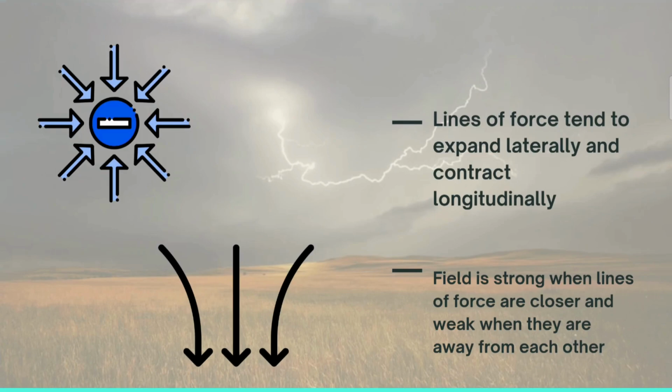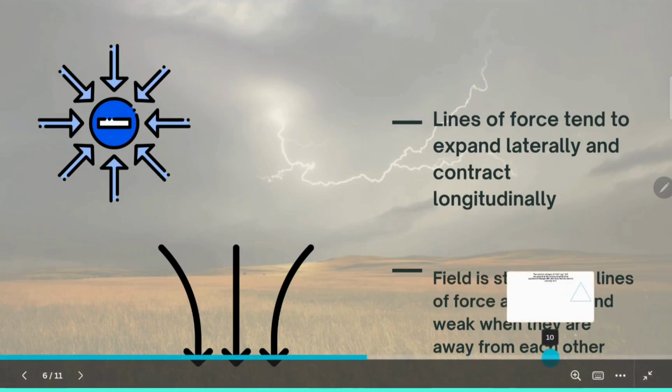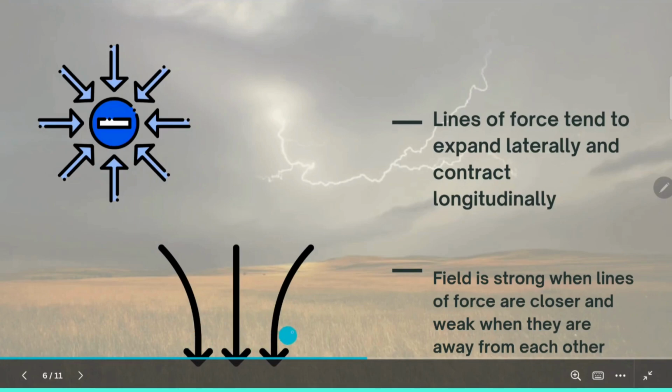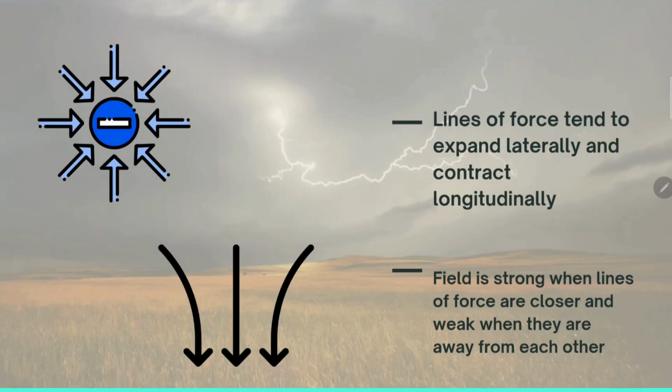Next point: the field is strong when lines of force are closer and weak when they are away from each other. For example, in these electric field lines, here they are very far away from each other, and here they are slightly closer when compared with the other points. So if the electric field lines are away from each other, then the strength of electric field is less.